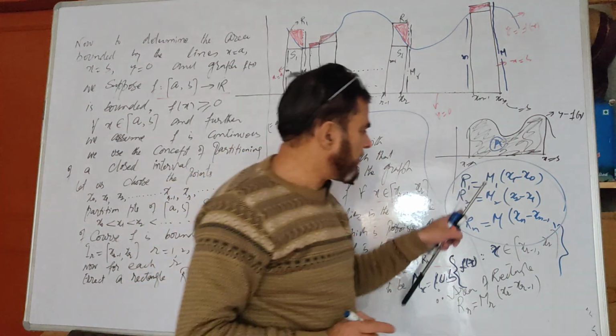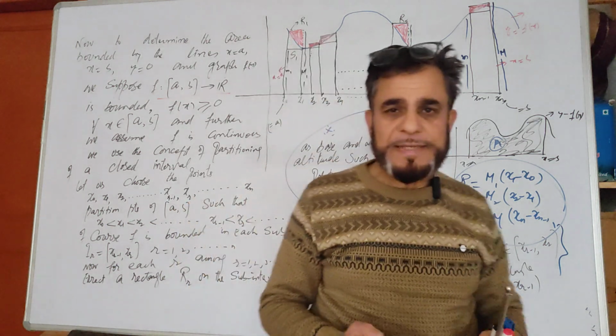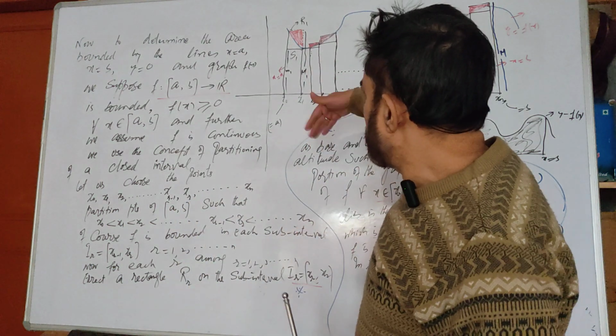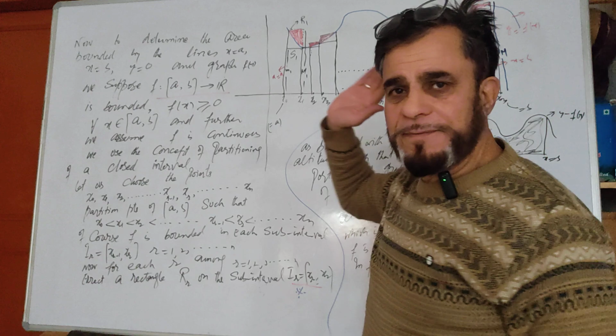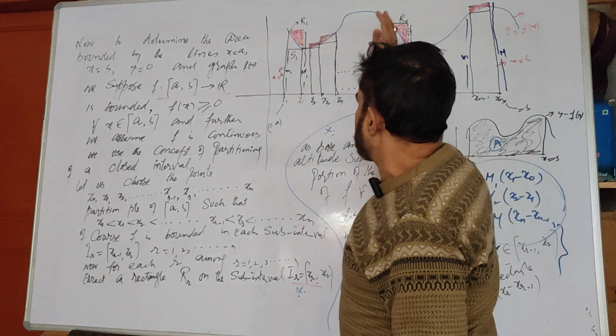These are the capital R1, R2, R3, Rn. These are the rectangles whose portion lies outside the graph and some portion lies within the graph.